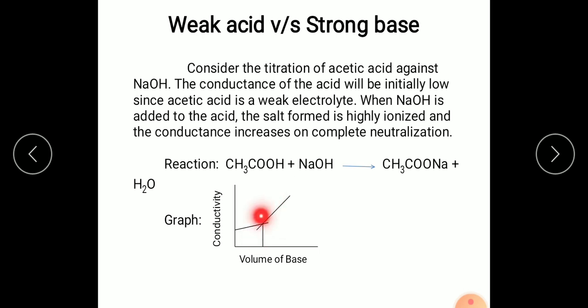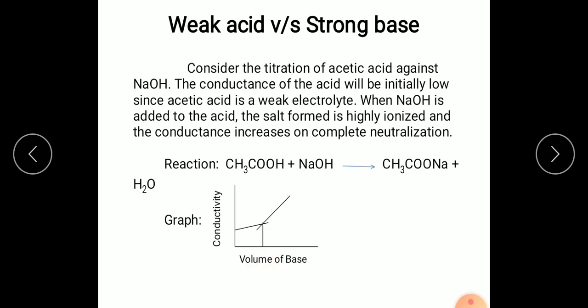The intersection of these two lines gives you the amount of NaOH required to neutralize this weak acid, that is acetic acid. So this is the second case, weak acid versus strong base.